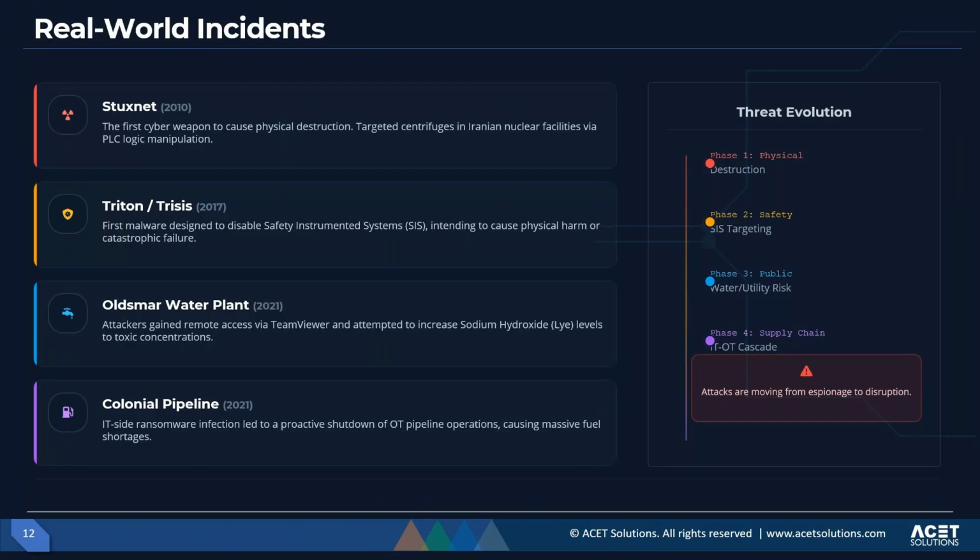And the Oldsmar water plant attack demonstrated how weak remote access control can allow an unauthorized user to alter the chemical dose in real time. Each of these incidents teaches us that the threats are real, reinforcing why ICS security must be built on a strong architectural foundation that protects both digital assets and the physical processes.